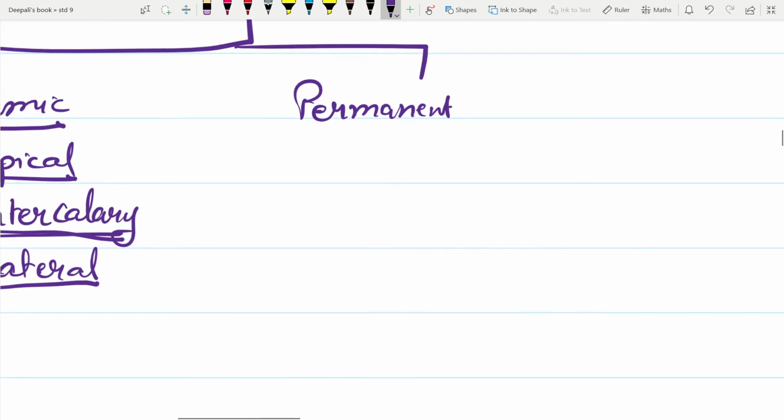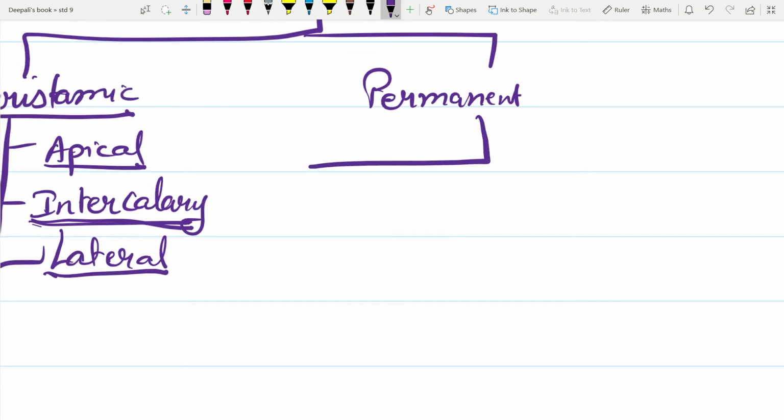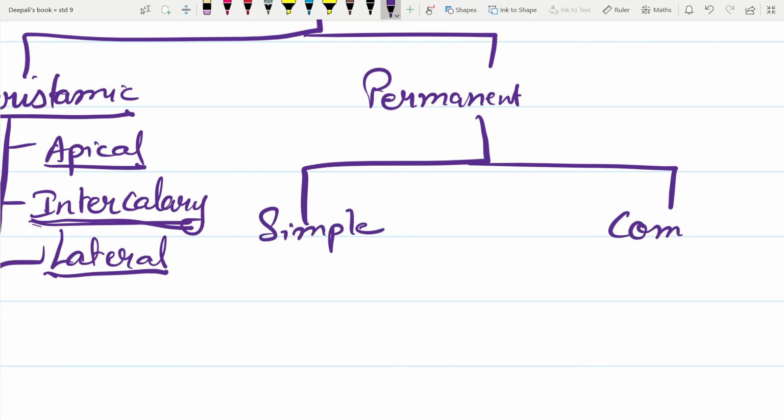Now, permanent tissue is divided into two broad groups, simple and complex. Simple is divided further into parenchyma.